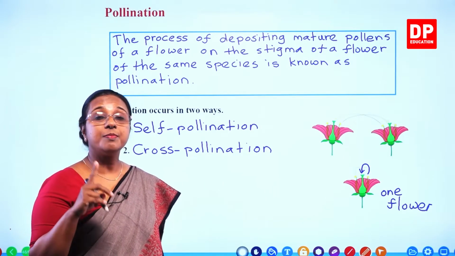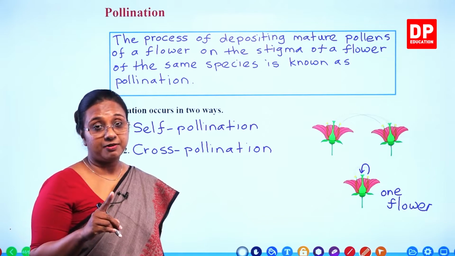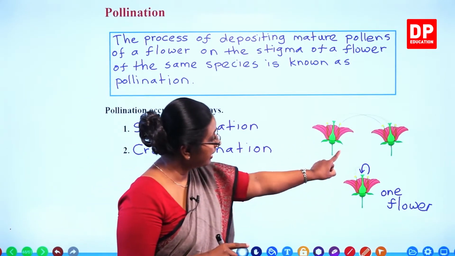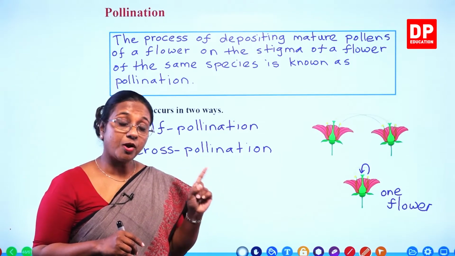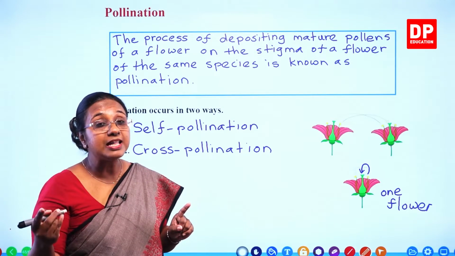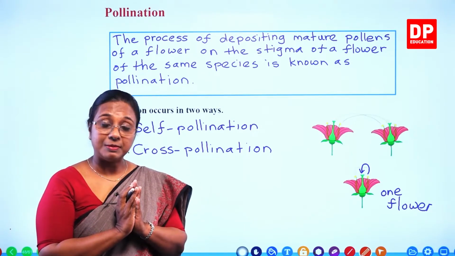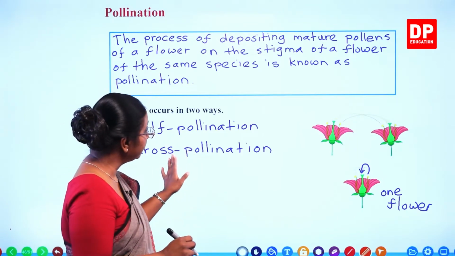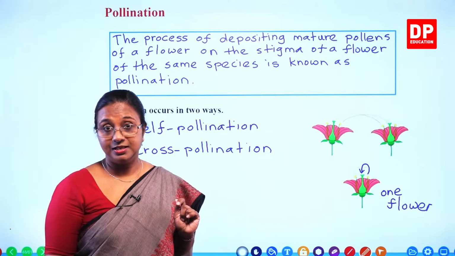The pollens from the flower deposit on the stigma of the same flower. Whereas, in cross-pollination, the mature pollens from one flower deposit on the stigma of another flower. So, that is cross-pollination. You all have to remember the two methods. We will discuss these two in a little bit more detail in the next slide.